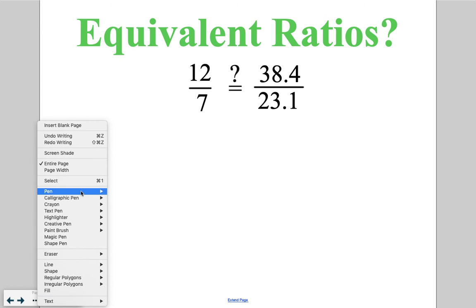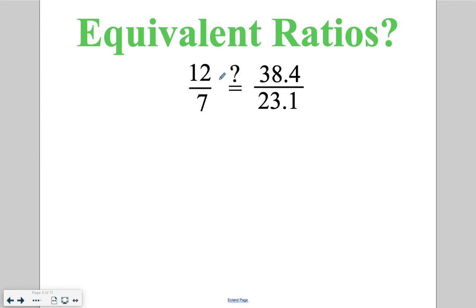We are going to do that by using the cross-product property. First, you would say 12 times 23.1, and that is going to give you a value of 277.2.